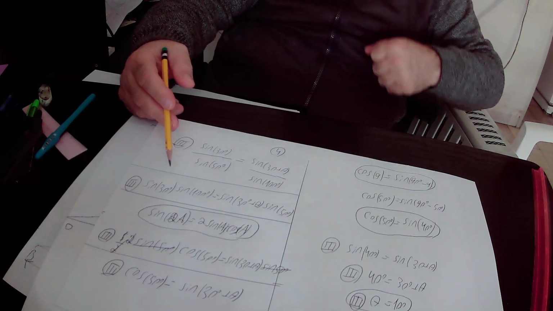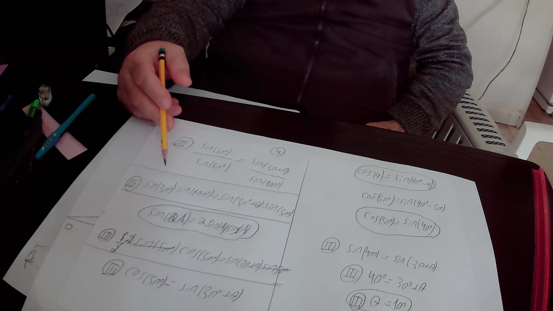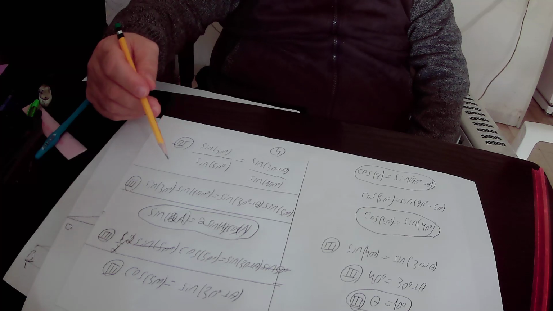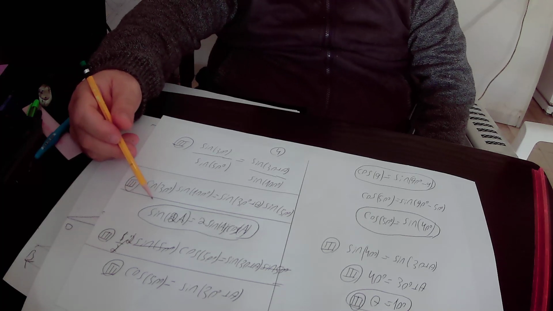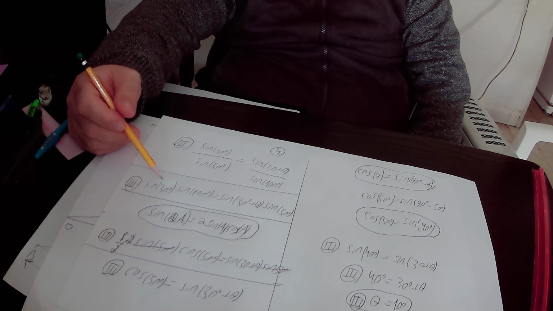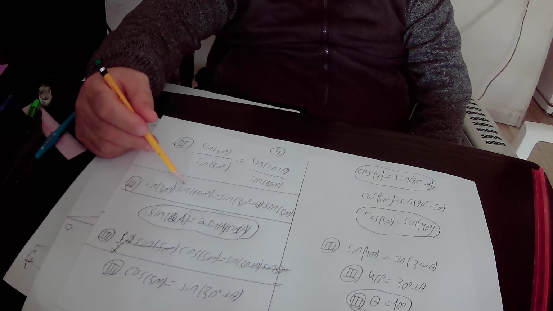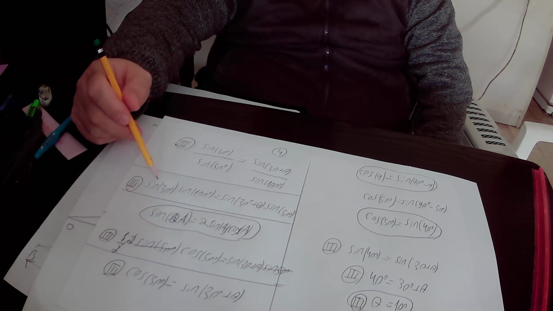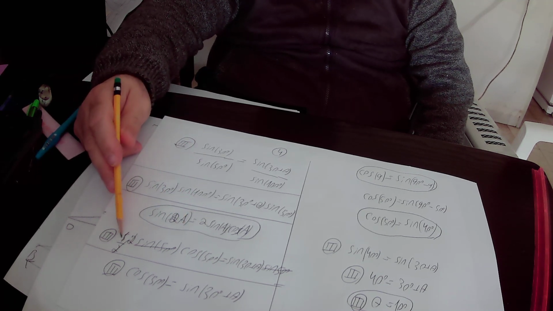We use the trigonometric identity that states that sine 2 theta equals 2 sine theta cosine theta. So according to this identity, sine 100 degrees equals 2 sine 50 degrees cosine 50 degrees, and sine 30 degrees is 1 over 2.